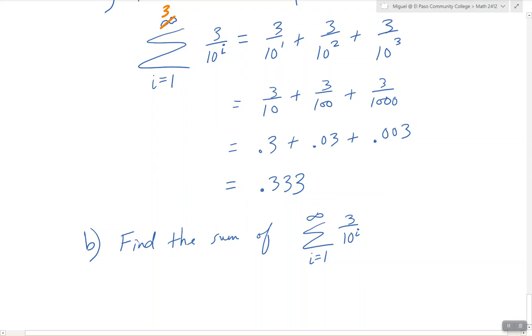If I do the 4th, 5th, 6th, 7th, 10th term, what's going to happen? 0.3, 0.03, 0.003, 0.0003, right? It's going to keep going like that. So what are we going to end up with? 0.333 forever, right? And what's another way of saying that in fraction form? What is 0.333333 forever in fraction form? 1/3. And that would be the exact value.